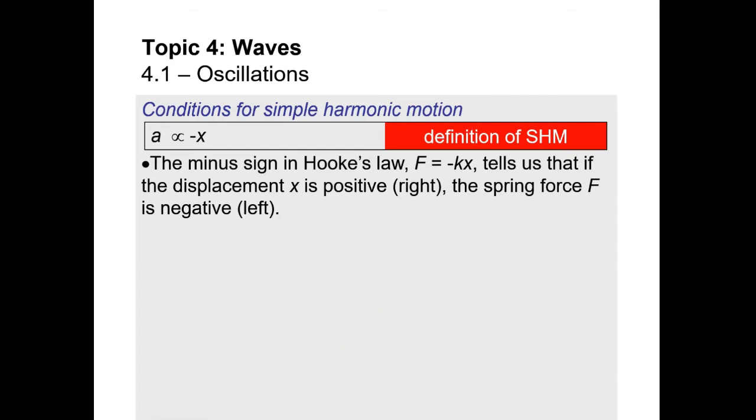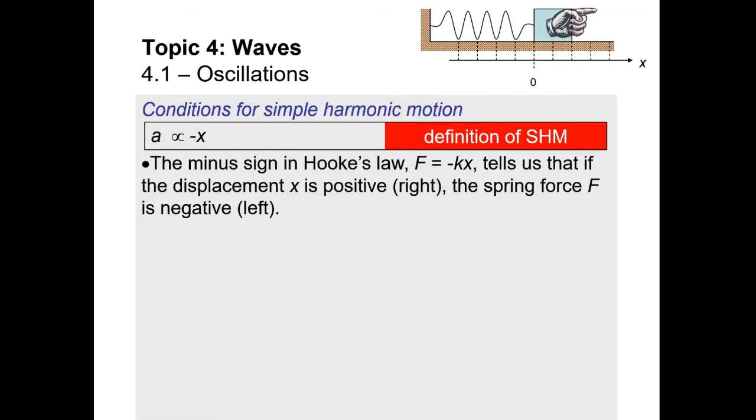So let's take a look at the direction. The minus sign in Hooke's law, F equals minus kx, tells us that if the displacement x is positive, then the spring force F is negative. The displacement x is positive to the right, but the spring force is pulling in the opposite direction, which is negative, left.